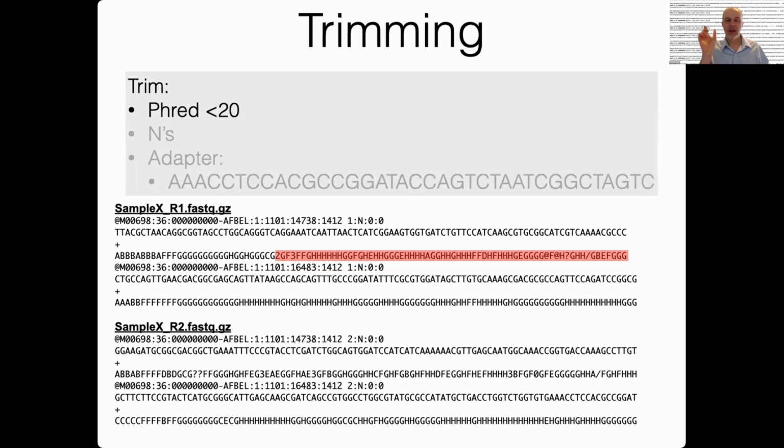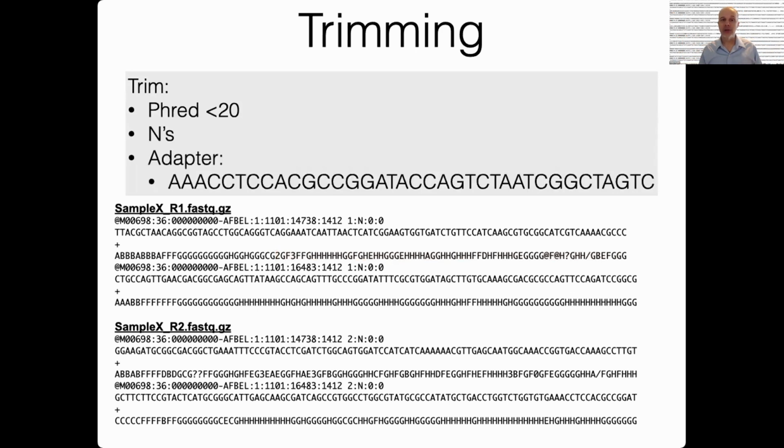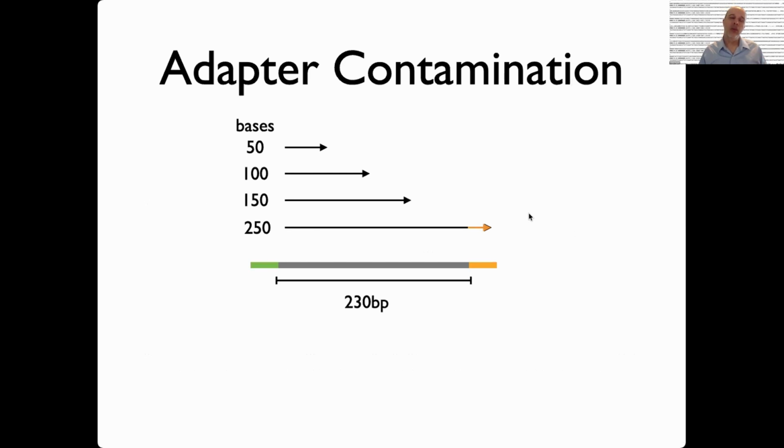If we're doing multiplexing, which often we are, there are barcodes in the adapters, but other than that, the adapter sequence is the same for every single read that we're getting off the sequencer. Now, whether we're actually going to see it depends on the fragments we put in. Especially if we do short reads, like 50 base pair reads, we might not see any adapter sequence.